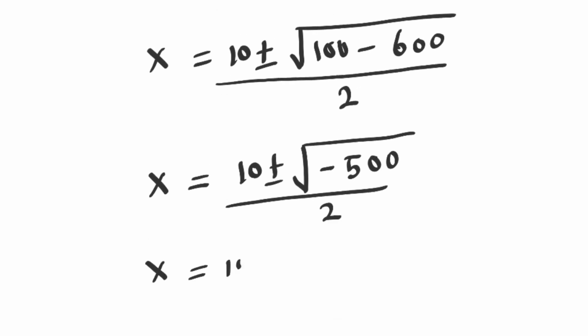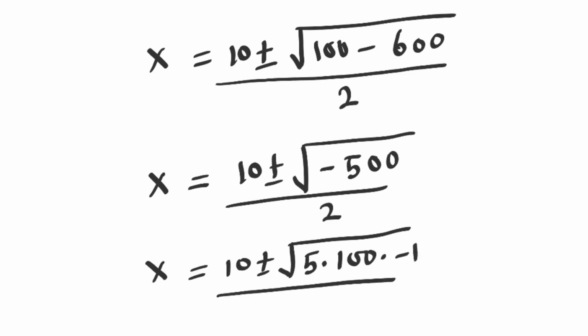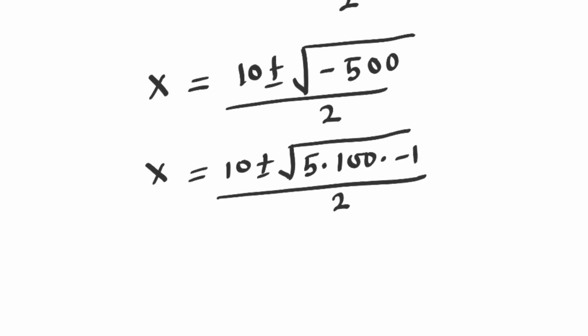x is equal to 10 plus or minus square root of 500, which can be written as square root of 5 multiplied by 100 multiplied by minus 1, divided by 2. x is equal to 10 plus or minus square root of 100 is 10.